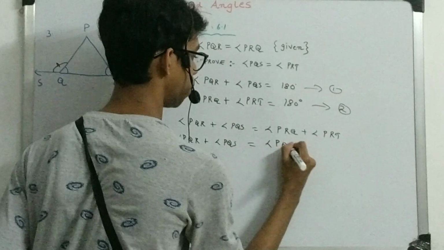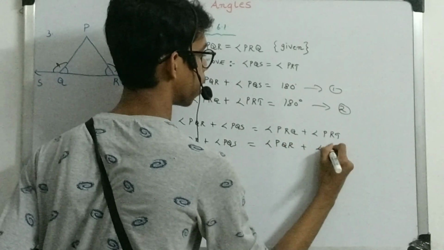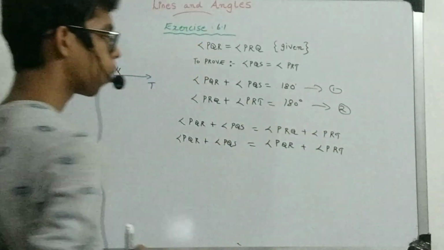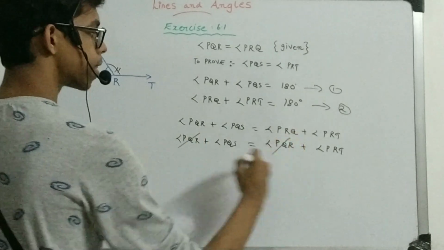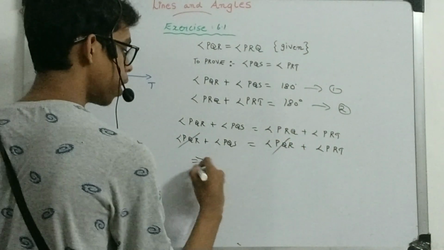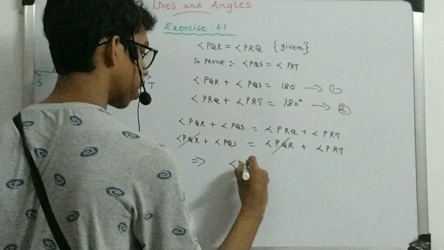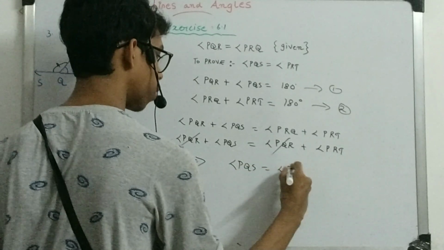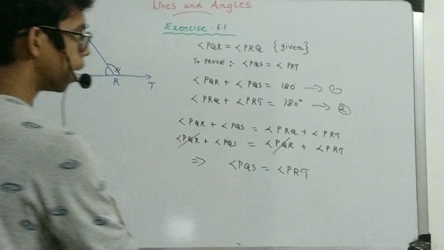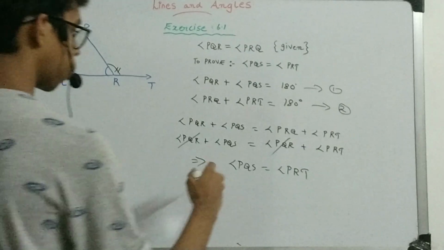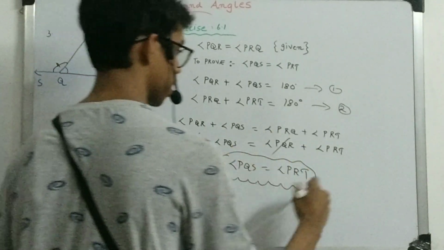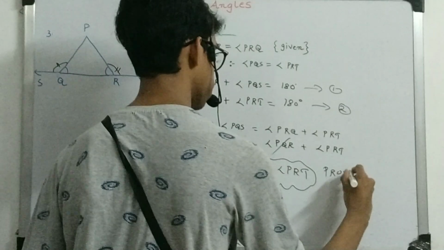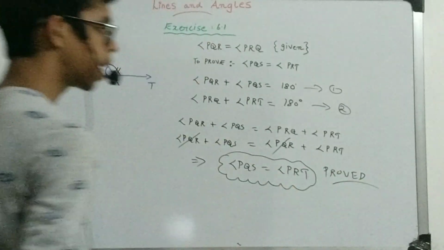So angle PQR plus angle PRT. Now this angle PQR and this angle PQR cancel off, and what is left with you is angle PQS is equal to angle PRT. So this is exactly what was asked to prove in the question. I hope it is clear.